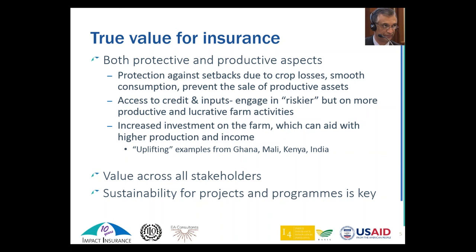All these things can come together when projects fulfill certain criteria and therefore develop into sustainable projects over a period of time. And that becomes the key to making agriculture insurance a part of what we call business as usual and get true value from it.